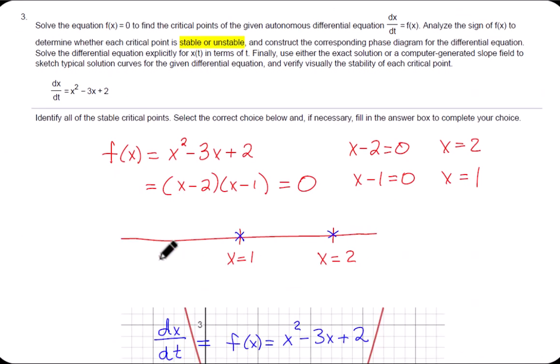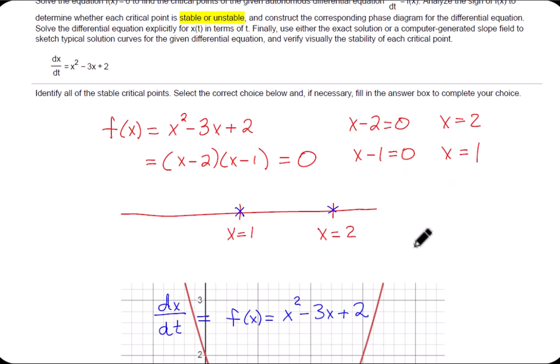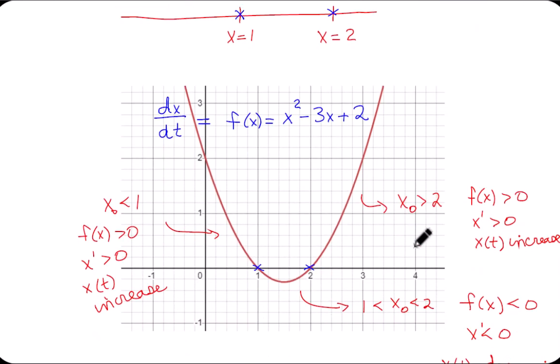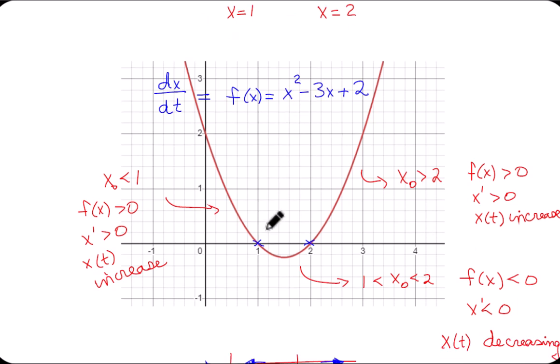All right, in question 3, we have f of x is x cubed minus 3x plus 2. And so that's factorable, a quadratic equation, and so I get x equals 1 and 2. So the differential equation has 2 critical points. And if I graph f of x, what I see by that is here's where it's 0.